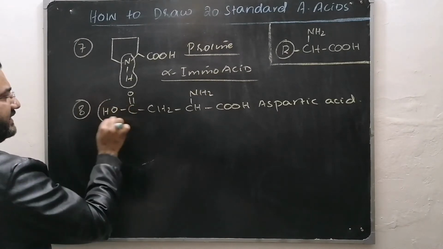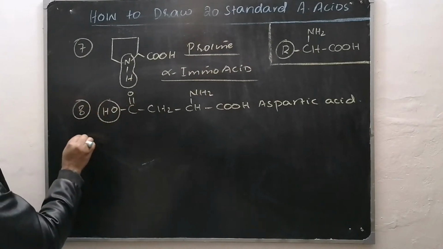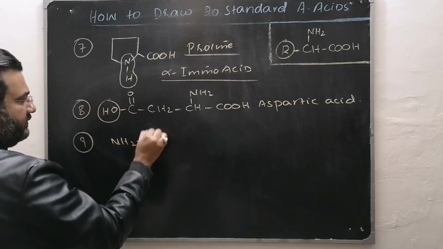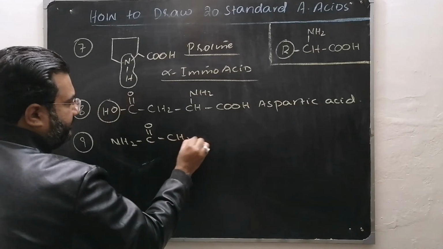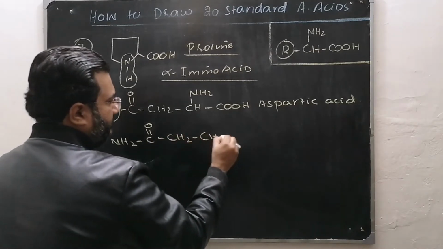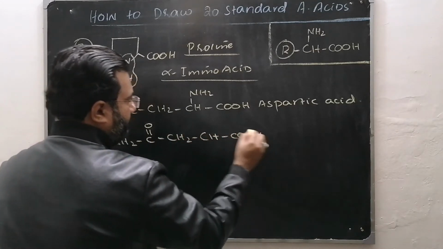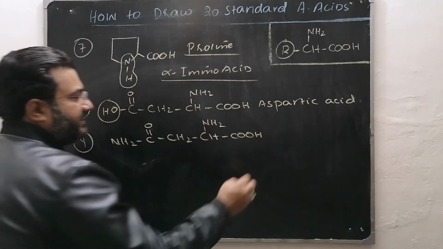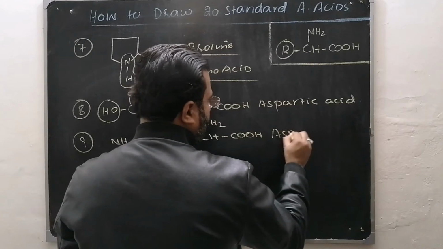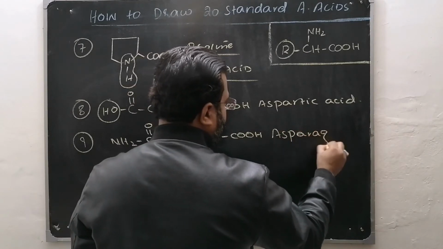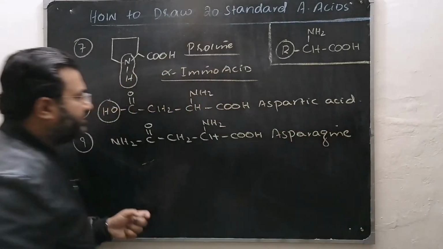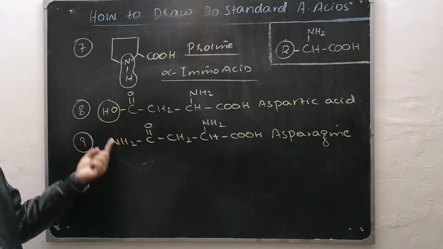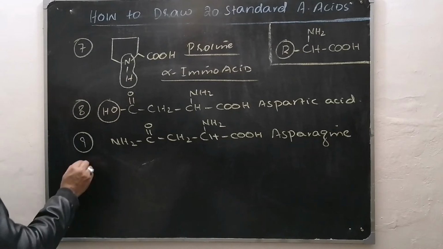If you replace this OH group only with an NH2 group, the remaining structure will remain the same. Then you will get asparagine. So the only difference between aspartic acid and asparagine is this OH and NH2 group.